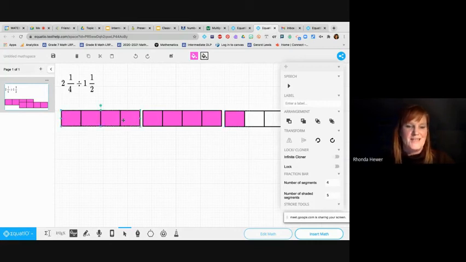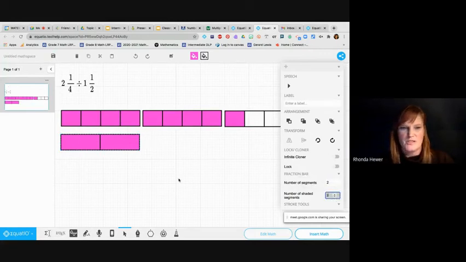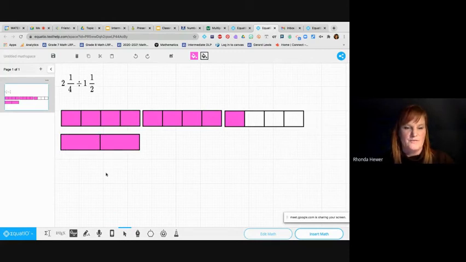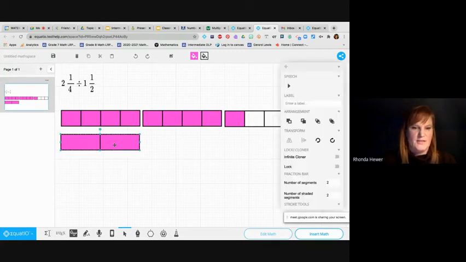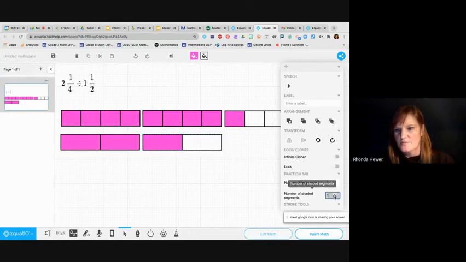I'm going to use the same size again, but this time I'm going to change it into halves because I only need halves. Both halves can be shaded there because I have 1 full and then this guy here, so this is only going to have 1.